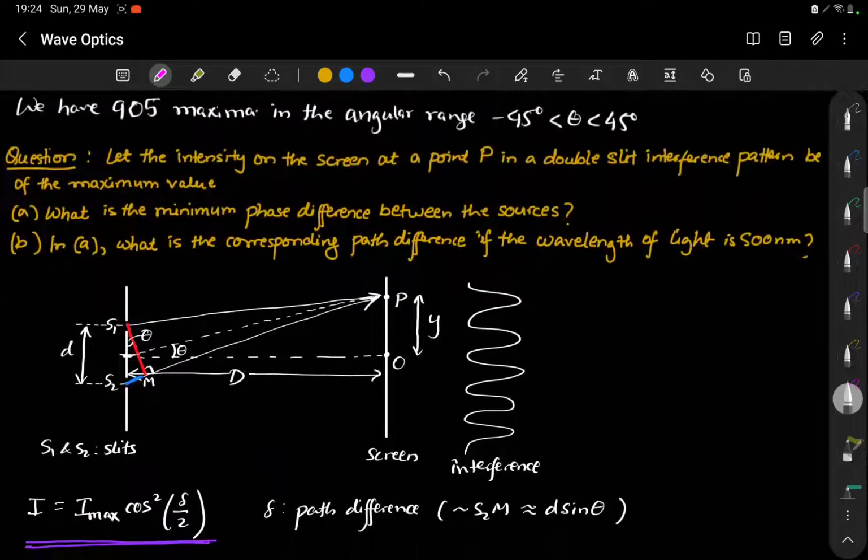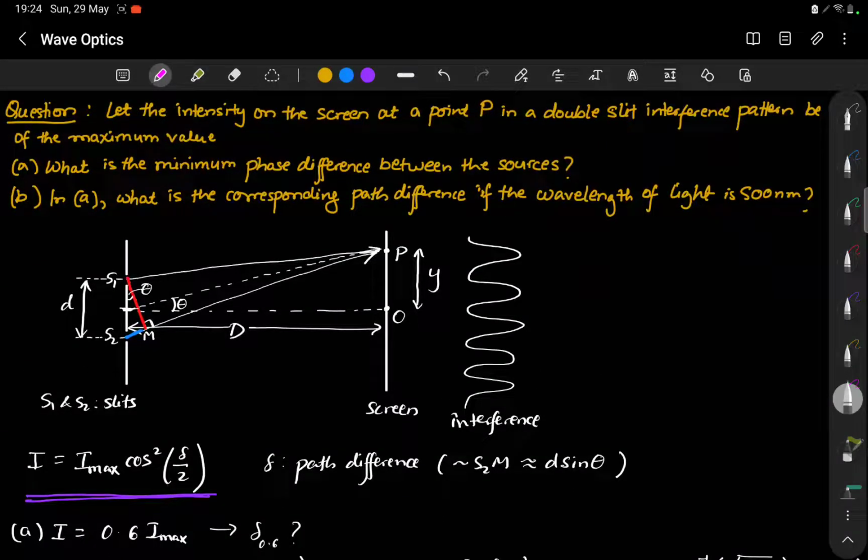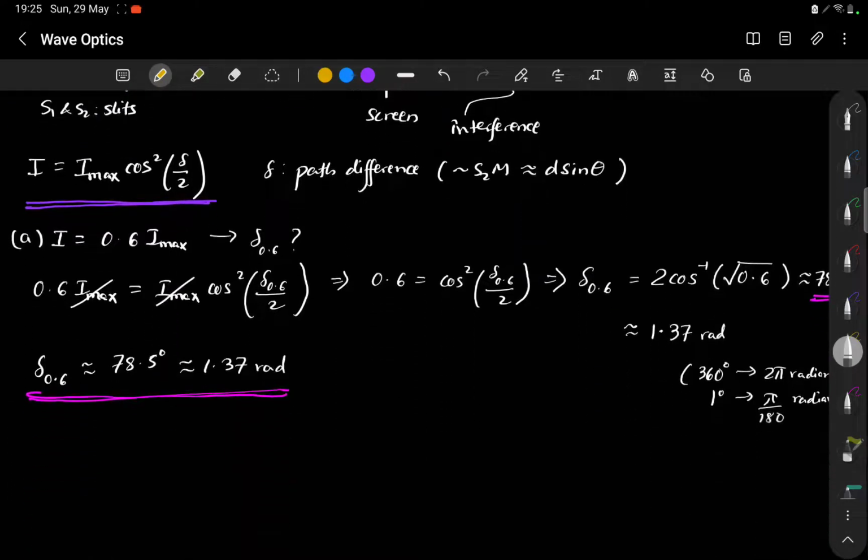Let us now move to part B. In part B, we want to find out the path difference. Sorry, the question I wrote wrong. This is not path difference in part A, we want to find out the phase difference. So we want to find out the path difference given the wavelength.